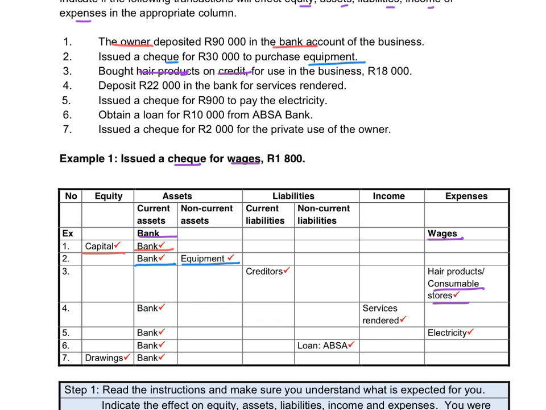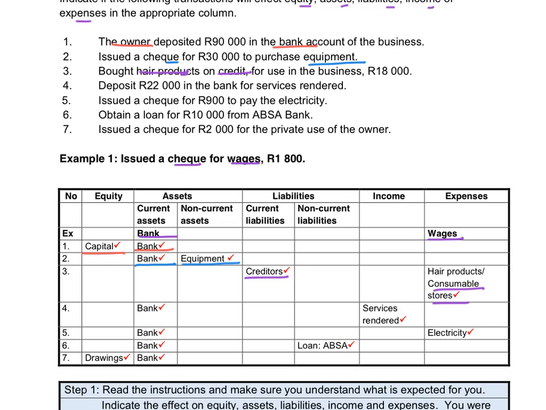We didn't pay the money immediately, we bought it on credit, so we owe money to the creditor, and that is a current liability because this will have to be paid within the next 12 months. Non-current liabilities are long-term liabilities that you will pay back longer than 12 months in the future.